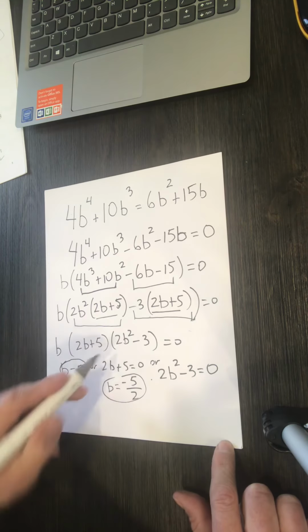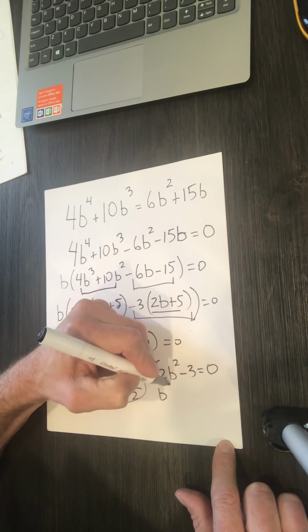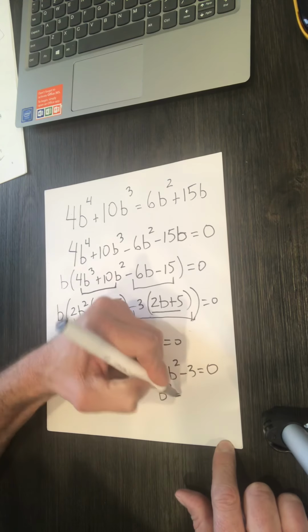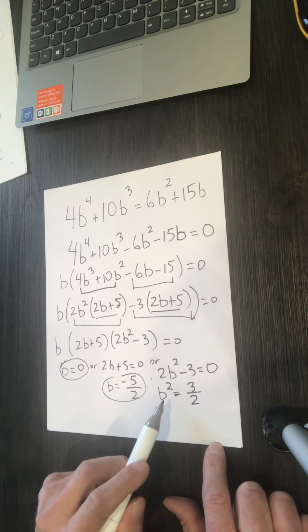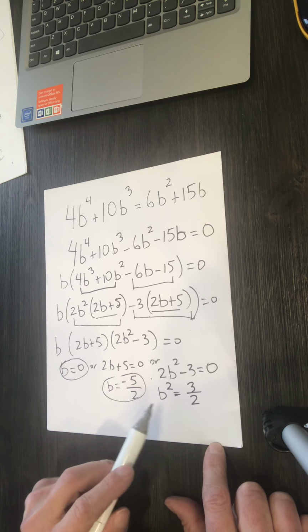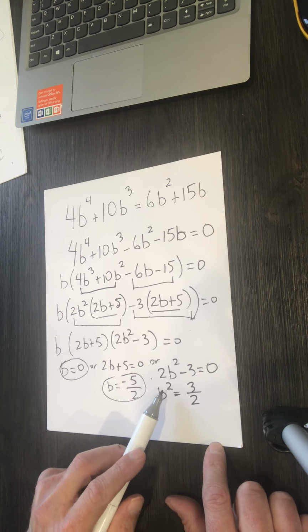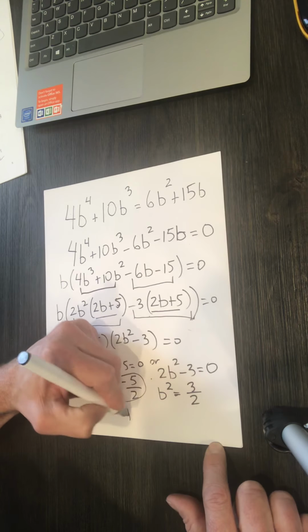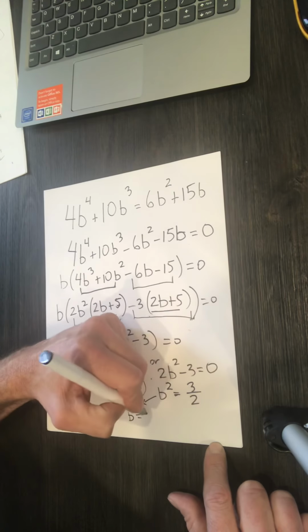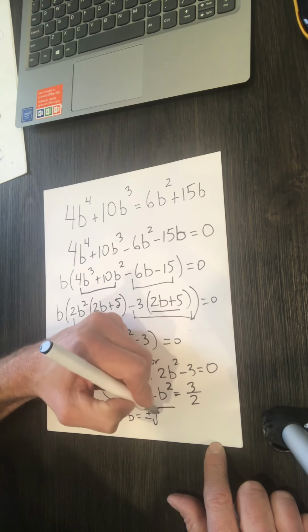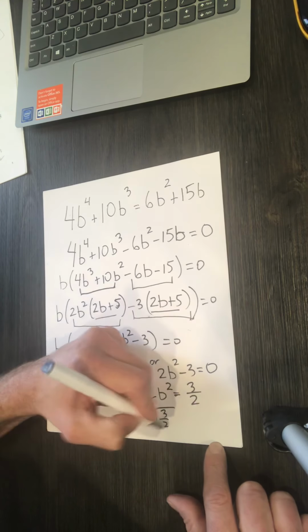If I solve for b squared, by adding the 3 and dividing by 2, b squared is equal to positive 3 over 2. We want the 2 square roots of 3 over 2 to solve for b, because square roots undo squares. So that means b is equal to plus or minus the square root of 3 over 2.